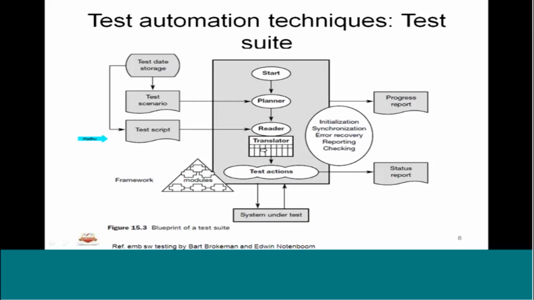So the actions could be initialization, synchronization, recovery, reporting, checking, and all that, part of this framework having different modules. And as a result of test actions, we have the status report, and the actions will be applied on the target system under test. The status report will tell, for each of the scripts and scenarios, what is the pass or fail value, the passes and where it has failed.